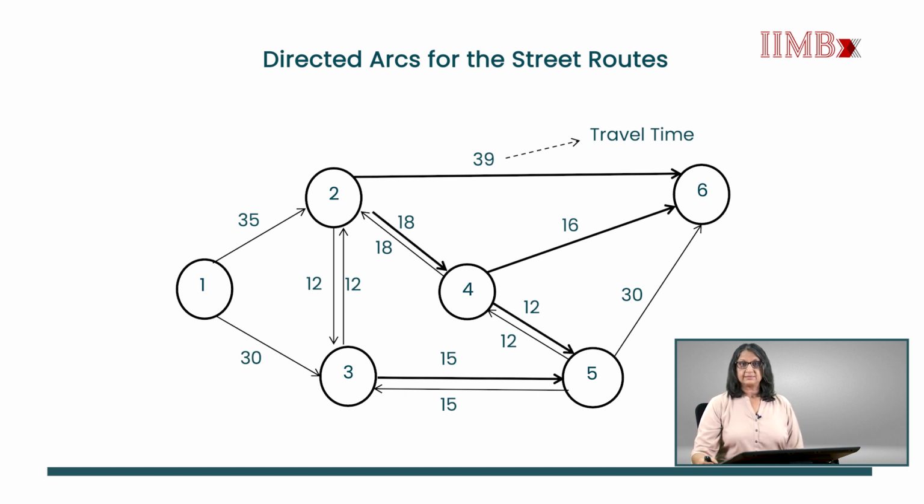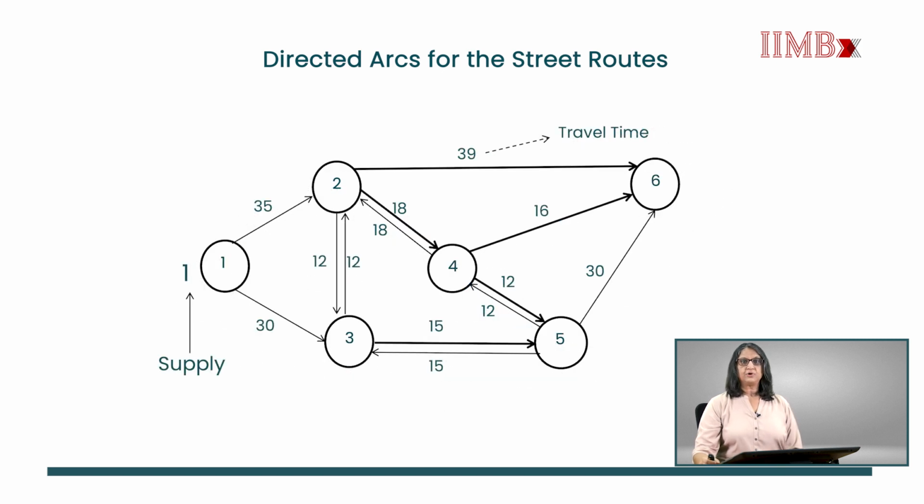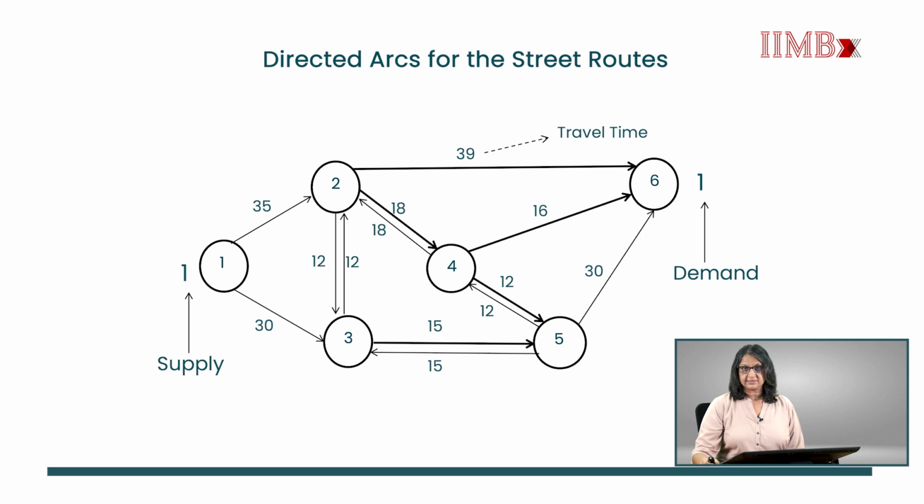Let's think about what the supply and demand will be in this case. So it's like saying that I want to send 1 unit from node 1, the supply node or the origin node, to node 6. So therefore, the supply at node 1 is 1 and the demand at node 6 is 1.